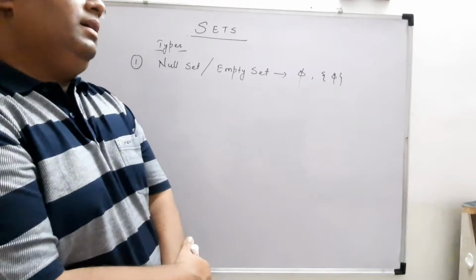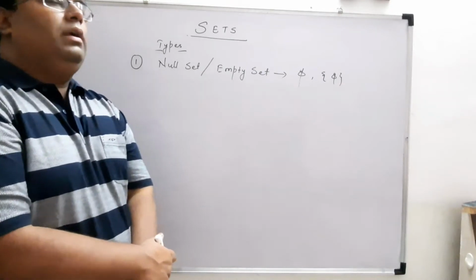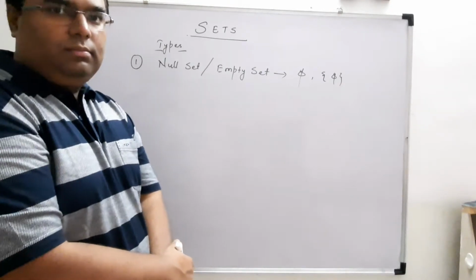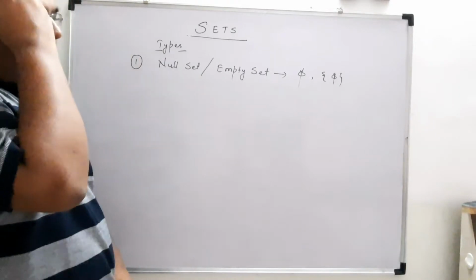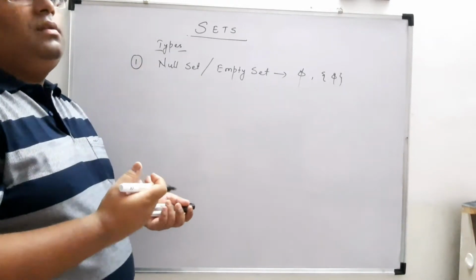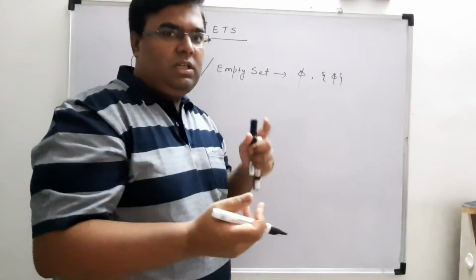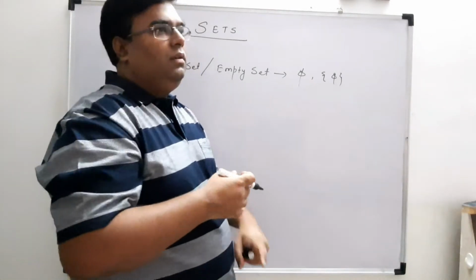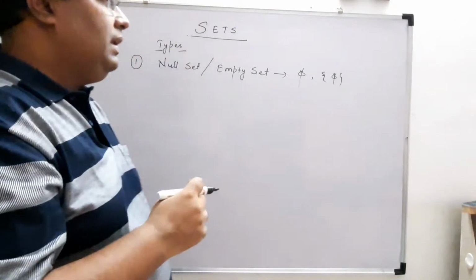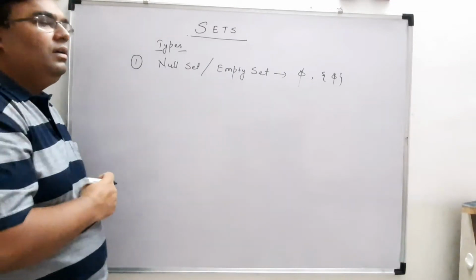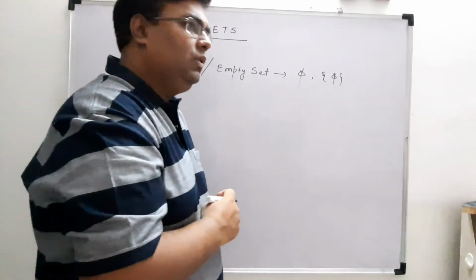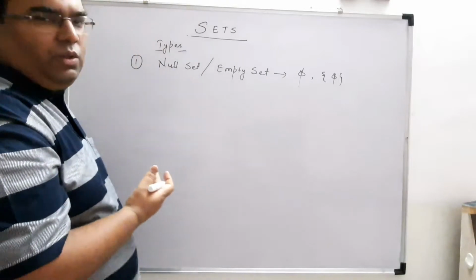So we can write example as negative natural numbers. If you want to write about negative natural number, there is no negative natural number. Natural number starts with what? 1. So there is no negative sign behind the natural number. So we can call it null set. Okay. So you can look at other examples also in your book.